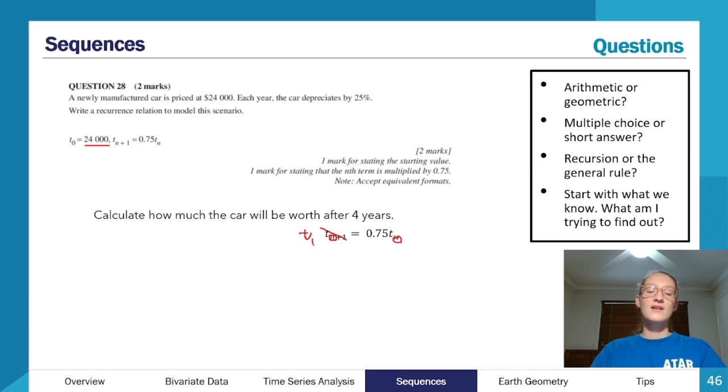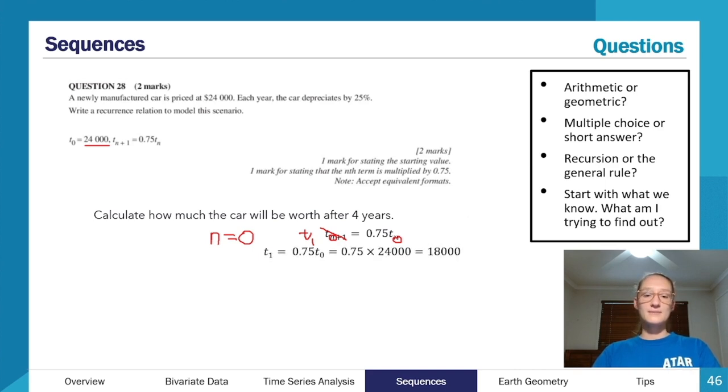So by substituting in n equals 0, we now know that T1, term 1, which is n equals 1, after 1 year has passed, our car is going to be worth 0.75, which is 25% less of what its previous value was.